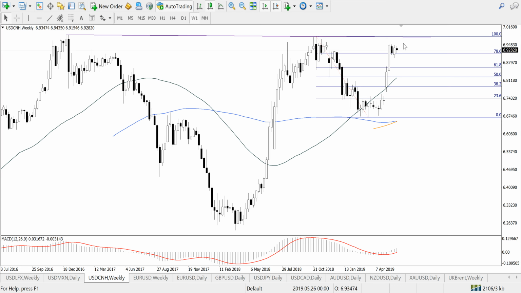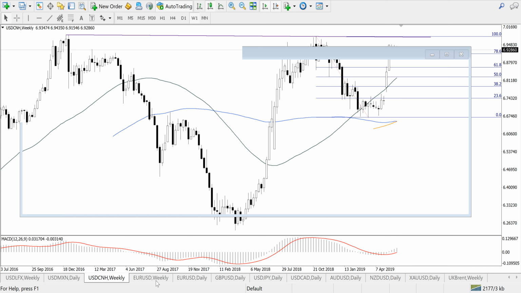There is a serious resistance ahead, located in the area of 7, and the fact that traders are worried about the future of the US economy is stopping this currency pair from moving further upside. If we see that support around 6.89 is breached, then we will target lower levels like 6.86 and lower.